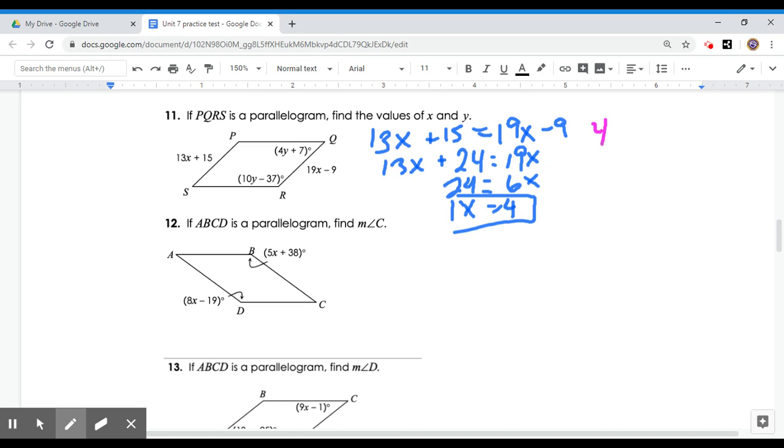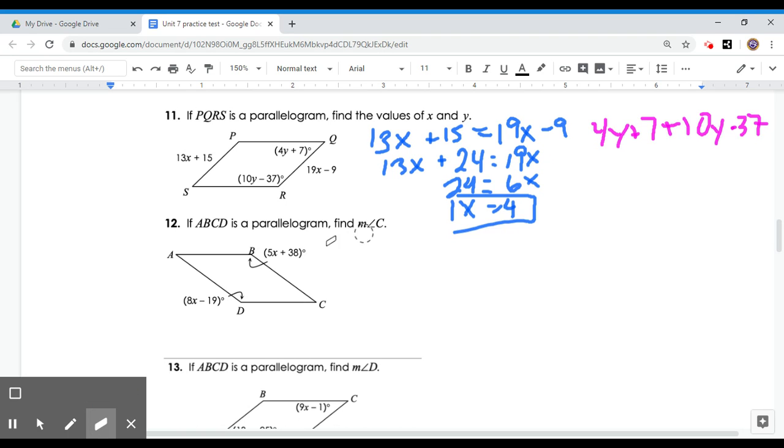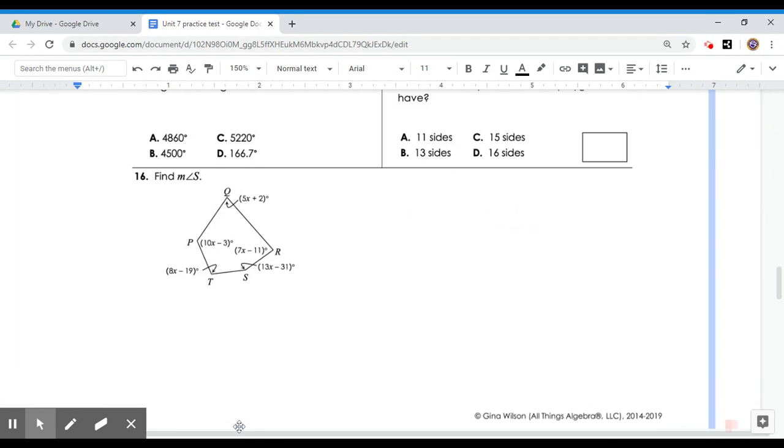So we have 4y plus 7 equals, nope, sorry, I just said that they're not equal to each other. They're supplementary. So 4y plus 7 plus 10y minus 37 equals 180. You know what? I don't have enough room. Actually, do I have room to scroll here? I do. Look at that.